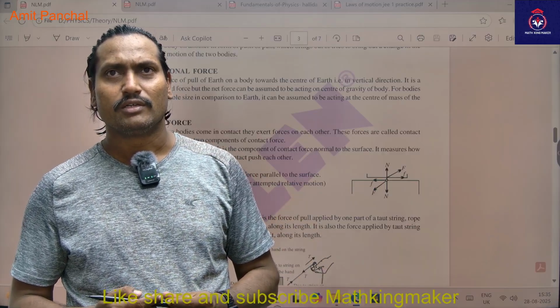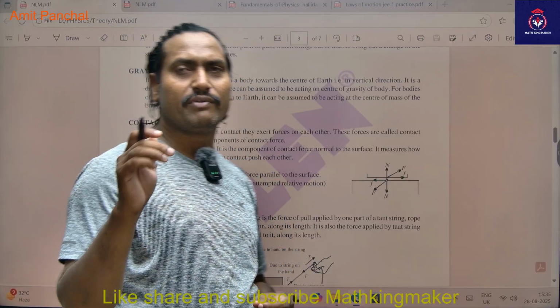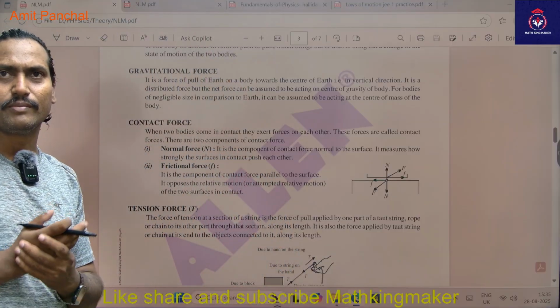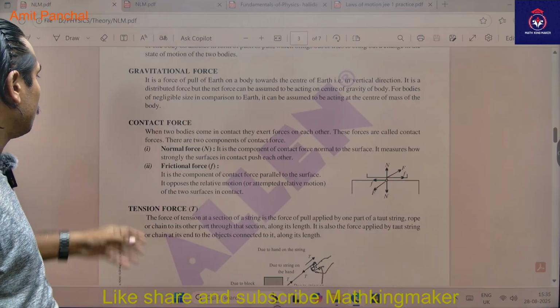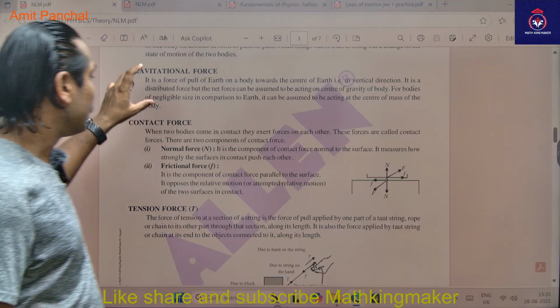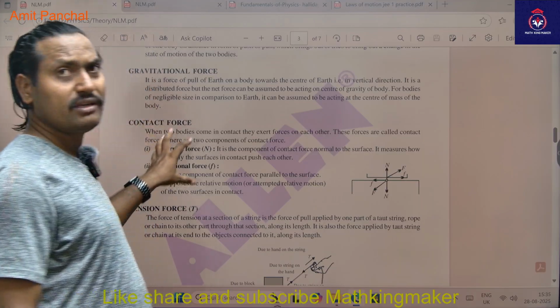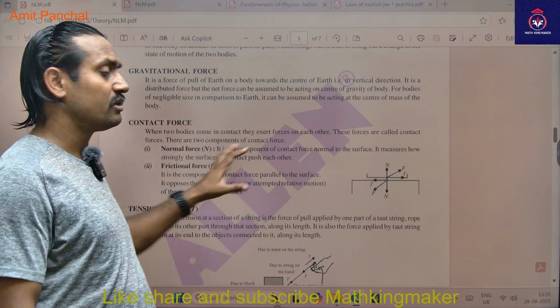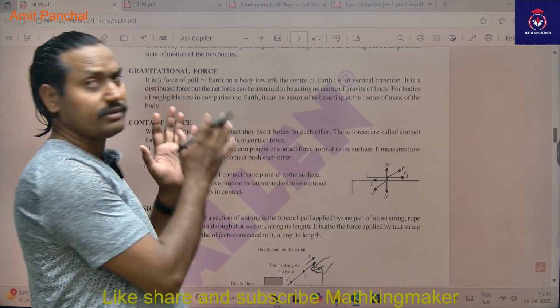That is called friction force. These two types of forces are said to be contact forces because they exist only once the body is in contact with the surface.